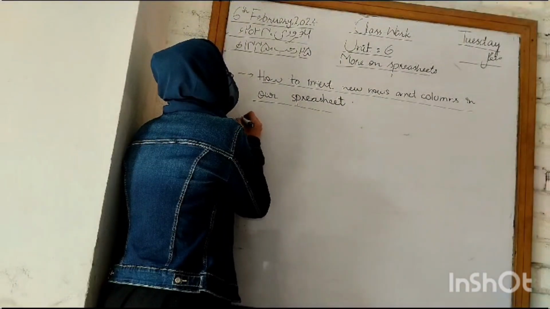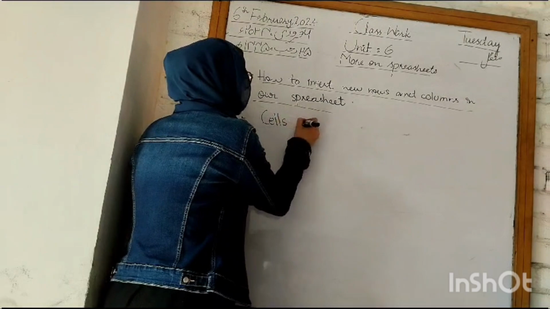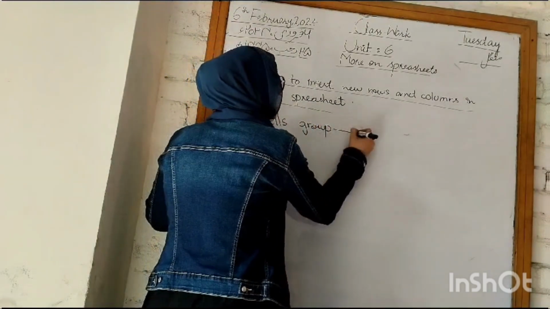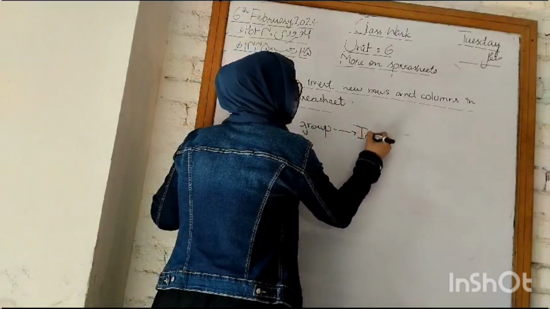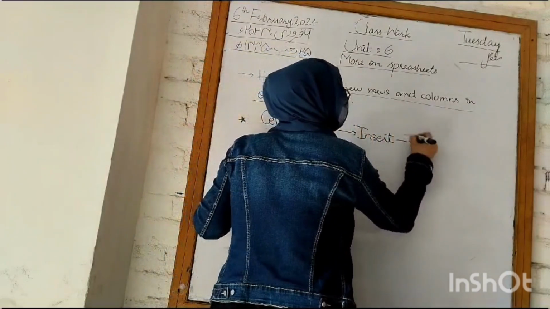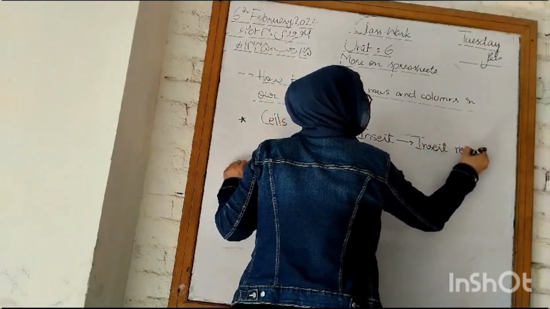We have the cells group. Go to the cells group and then click on the insert tab and then insert sheet rows.